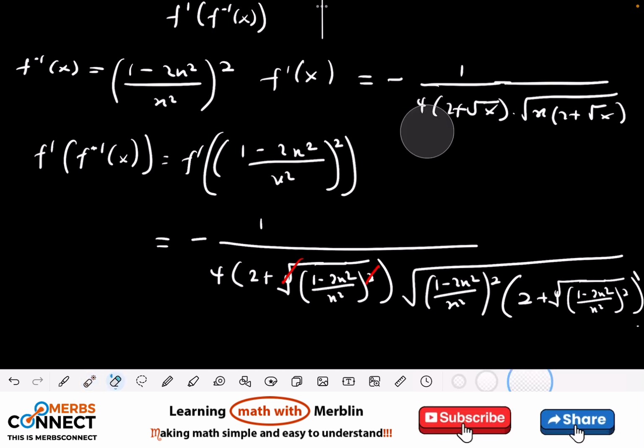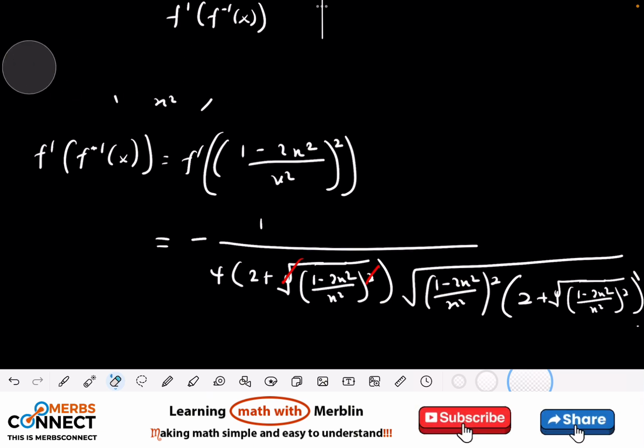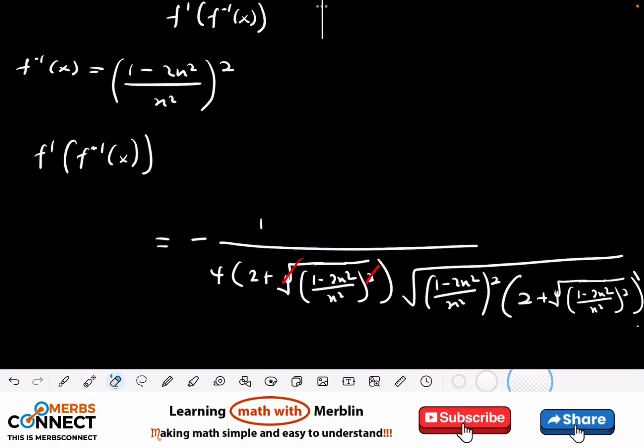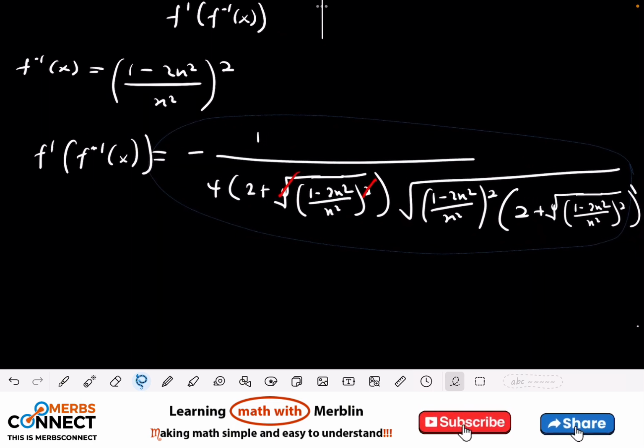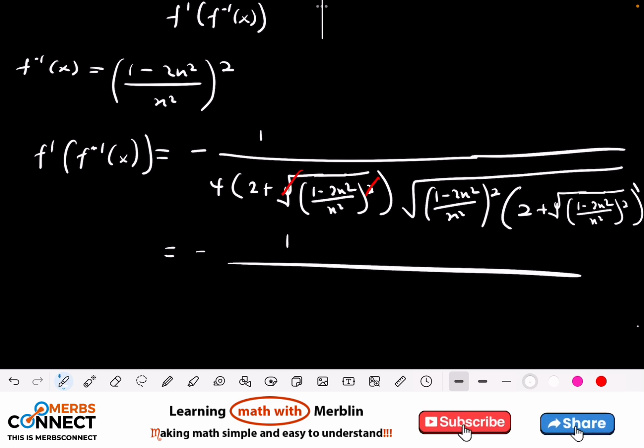Now since we don't need f prime and this one, since we've used them already, let me try and take them out. This guy said he won't go. Okay, if he won't go, be there. So let's move this one up small. So now we are going to have this one up here. Now let's go. This is going to be negative 1 all divided by 4, 2 plus.